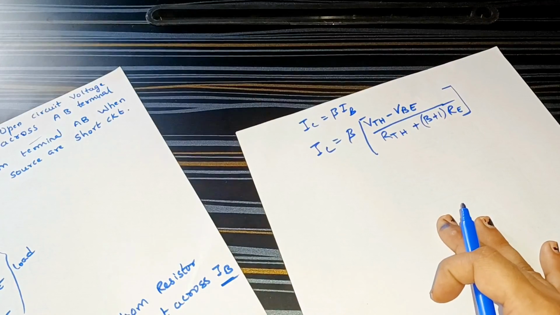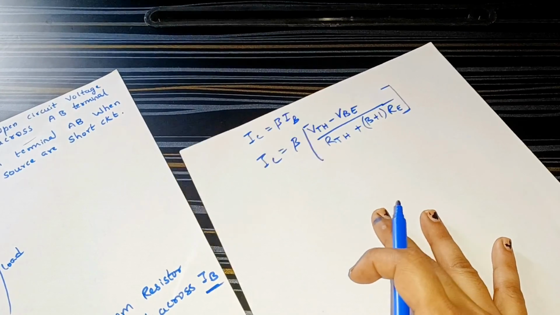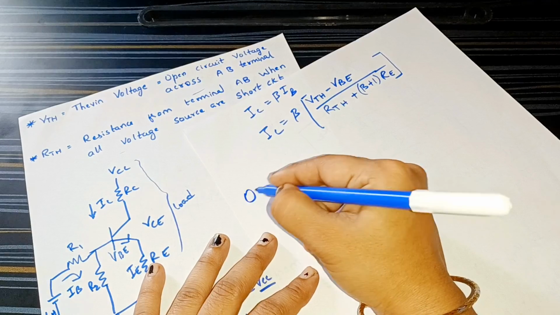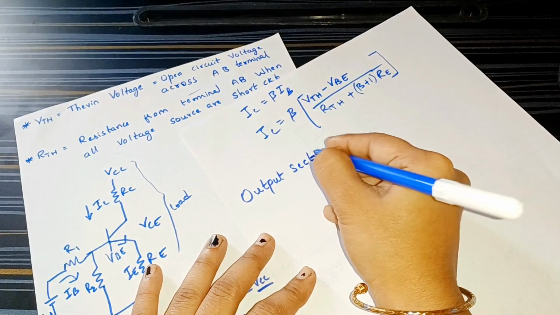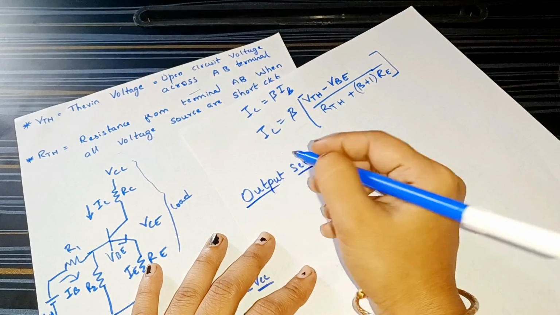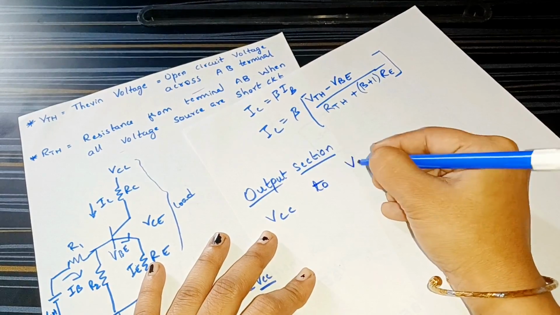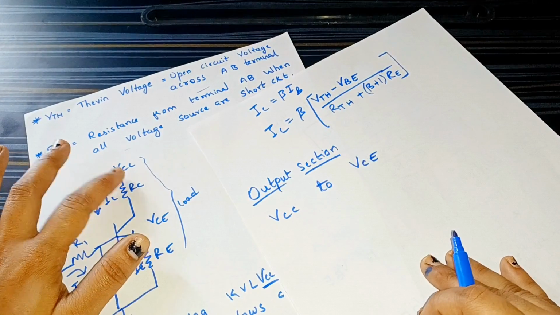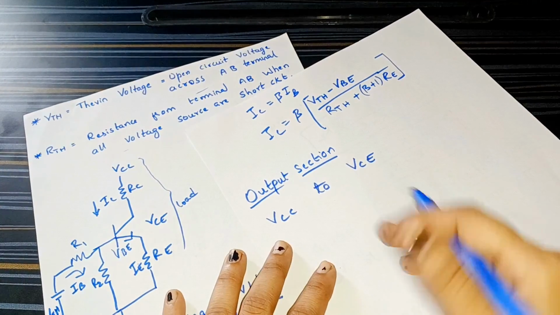Now we look at the output section, from VCC to VCE. Here we have not converted anything to VTH, so we check directly from VCC to VCE.